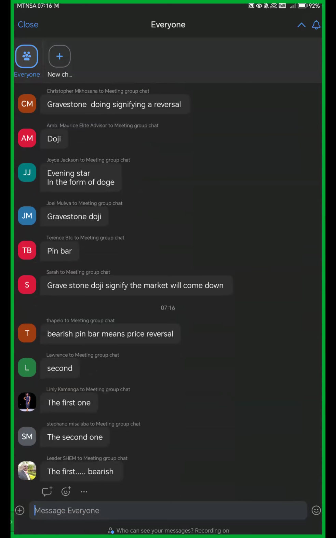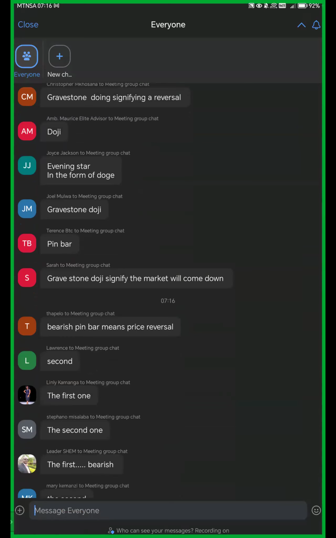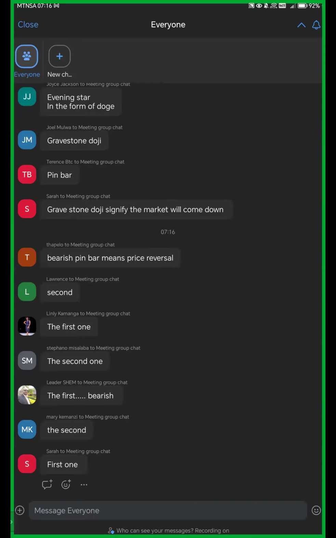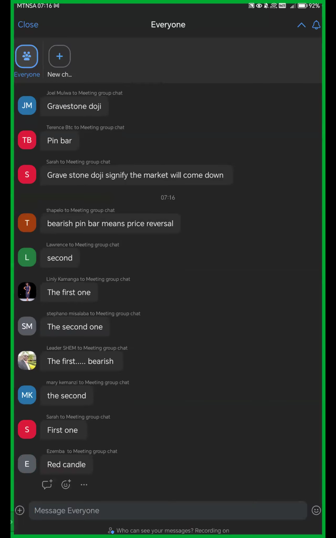Okay, the first one. The first one is a pin bar. What about the second one? The second one is a what? Yes, it's a red candle. But what is its name?